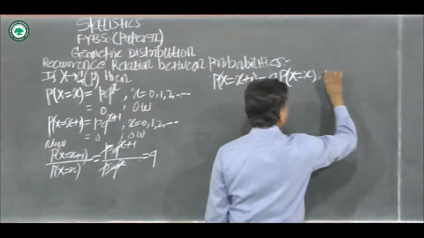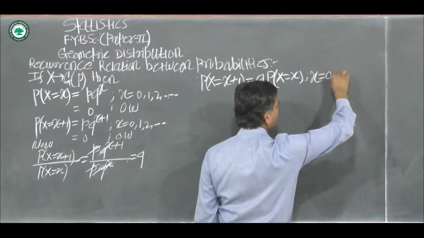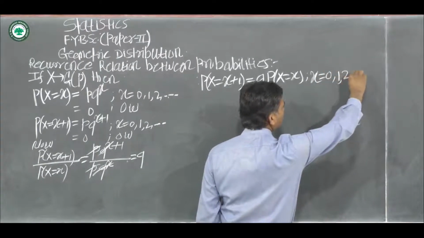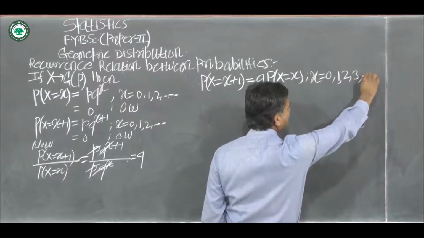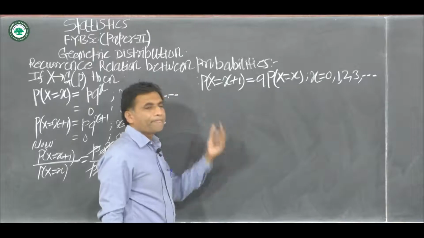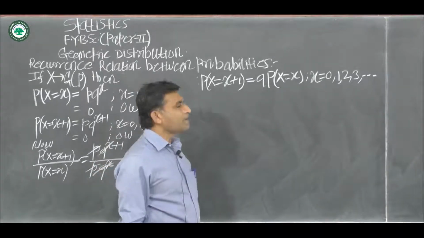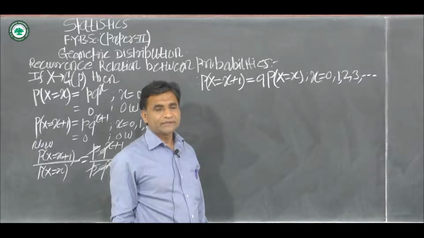Here x takes values 0, 1, 2, 3, and so on. This is the recurrence relation between the probabilities of geometric distribution.